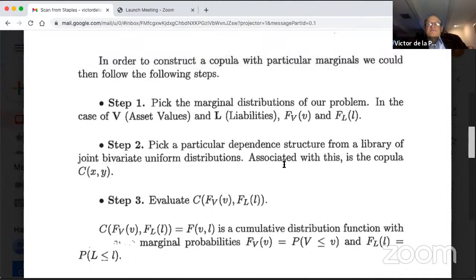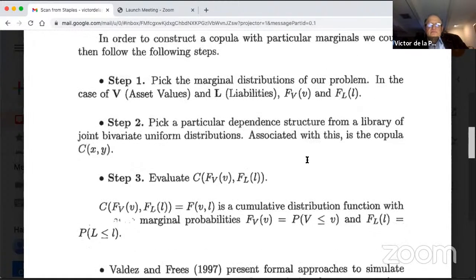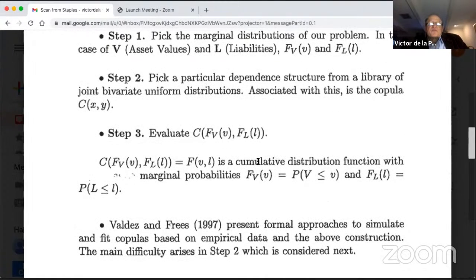That's the copula. Step 3, evaluate the copula at the marginal distribution functions that you have. This gives you a distribution function, FVL, which has the marginals FV and FL.